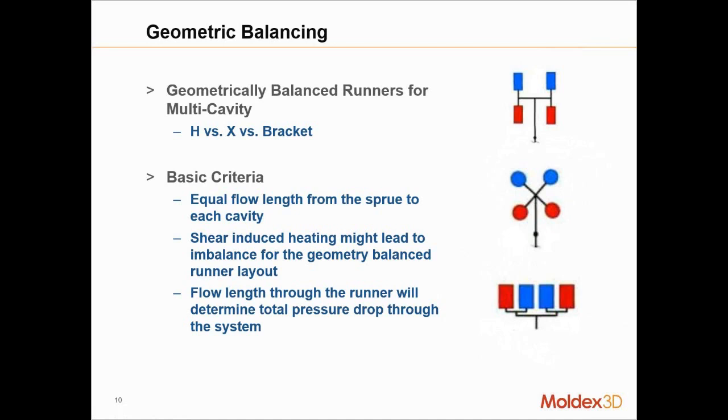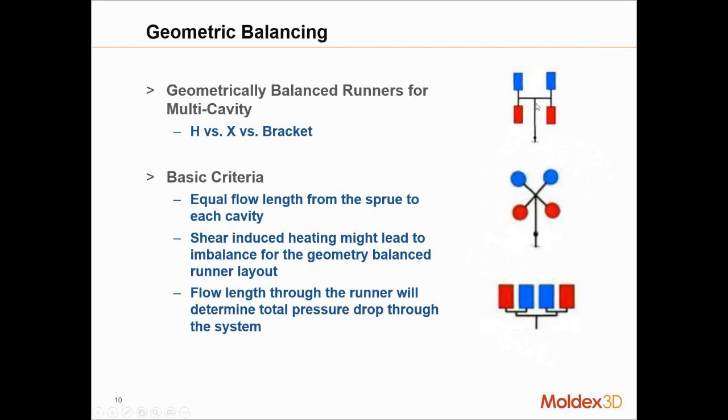As far as these three systems are concerned, the X layout is usually the best as far as pressure, because it has geometrically the shortest flow front. For example, if I take the connection point between here and draw a diagonal to my part, I create a right triangle.